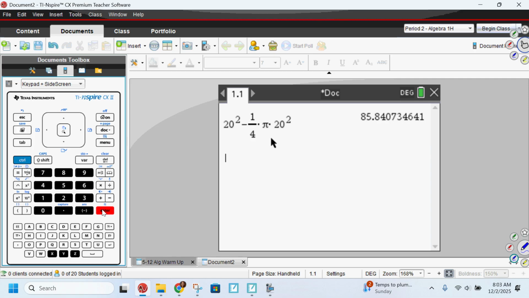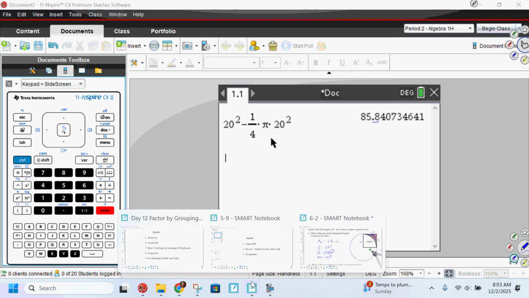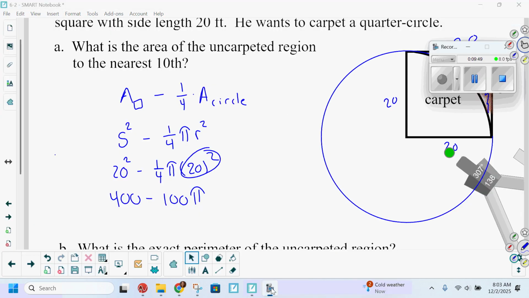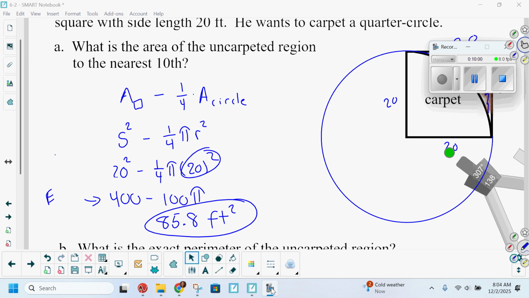So to the nearest tenth, I have 85.8, and that is in feet squared. So this would be exact, and this would be the rounded, the circled one.